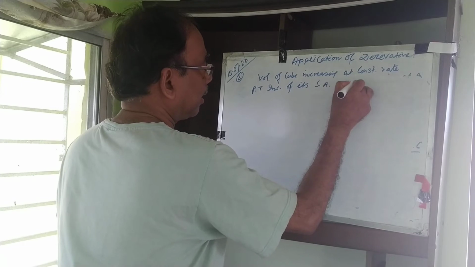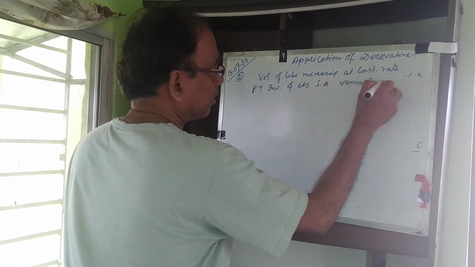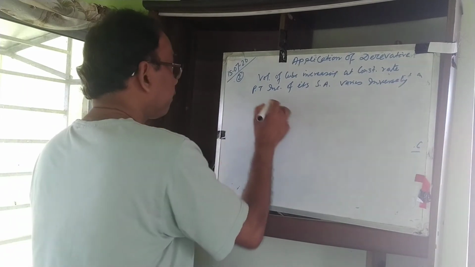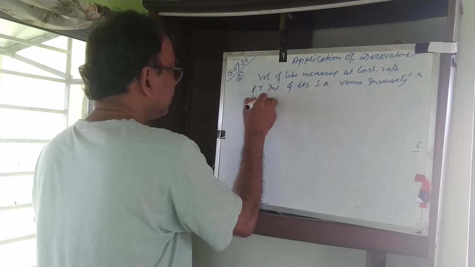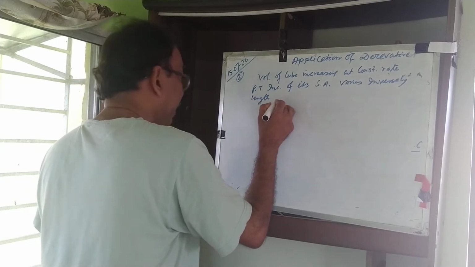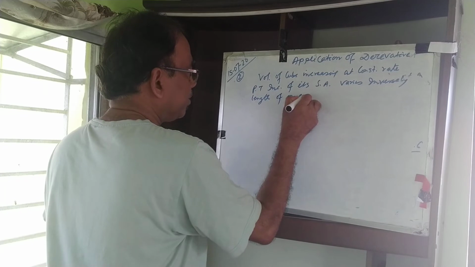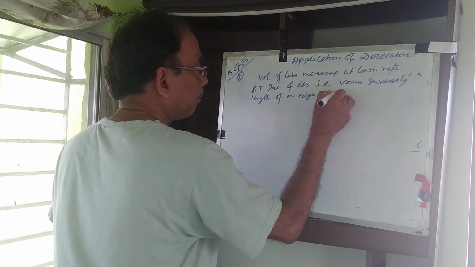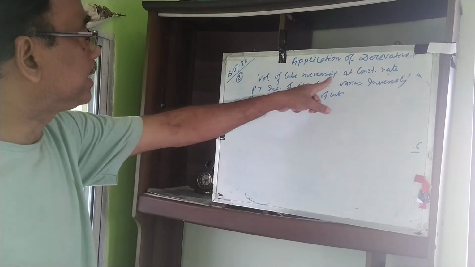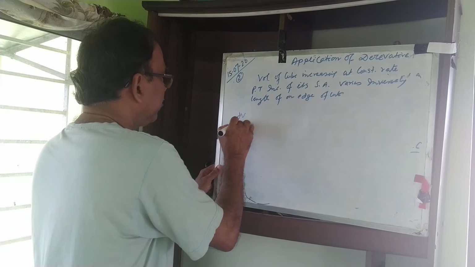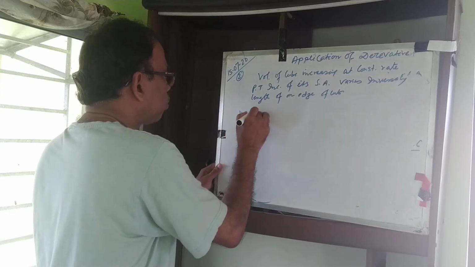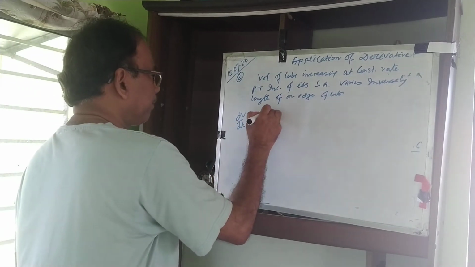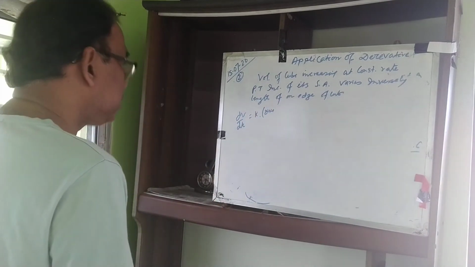Actually, the volume is increasing at a constant rate, that is given: dV by dt equals a constant. Suppose k is the constant, it is given.